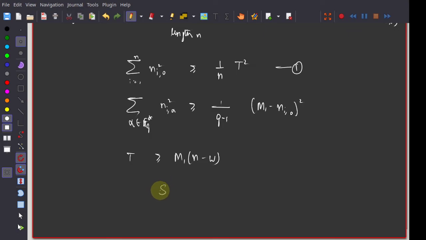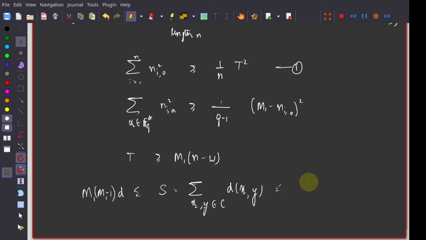So s, this is summation over x. So I'm looking at the same term that I was looking at earlier. I know that this is greater than or equal to m1 into m1 minus 1, as earlier.